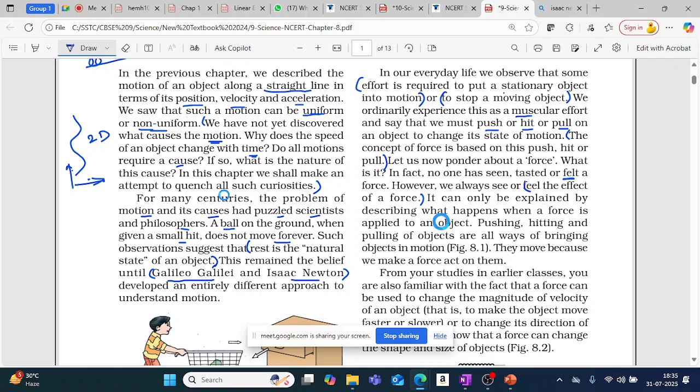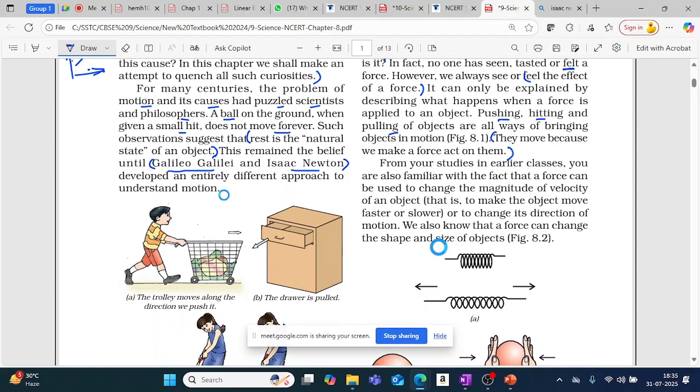It can only be explained by describing what happens when a force is applied to an object. Water also can. Pushing, hitting, pulling are all ways of bringing objects in motion. Why do they move? They move because we make a force act on it. So without force, no motion is possible.